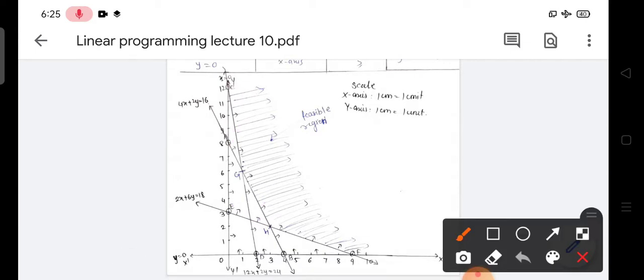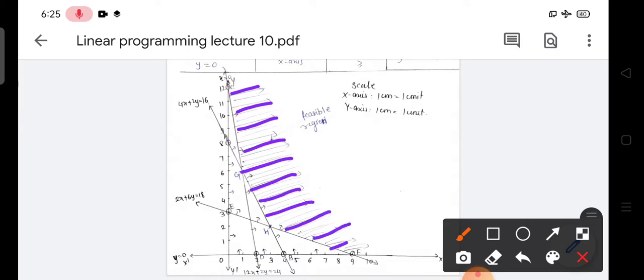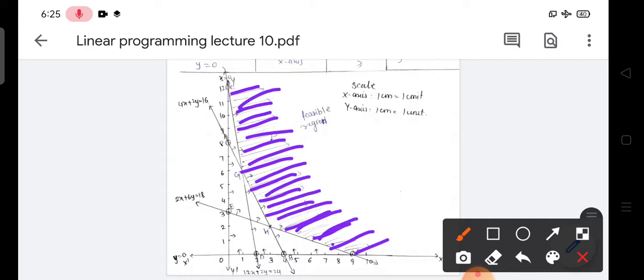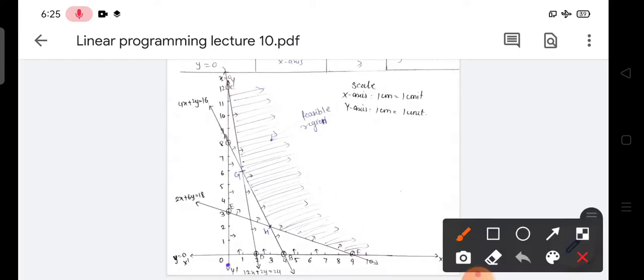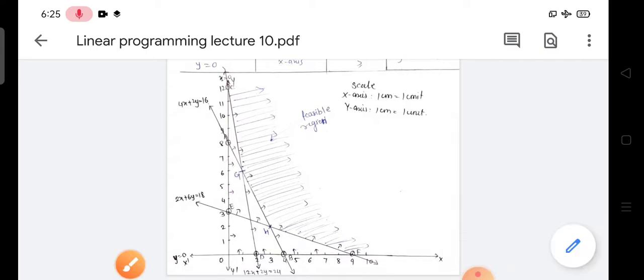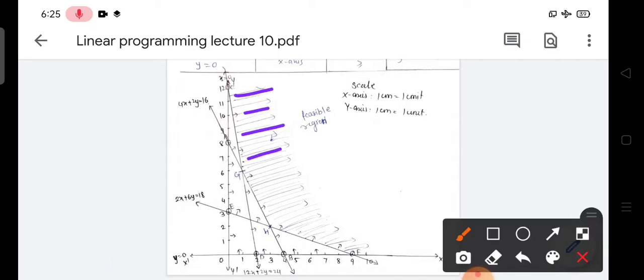So if we observe, all the lines are on the non-origin side, the solution belongs to the outside, which is shown by the shaded region. And the x-axis and y-axis are also greater than, so here also we mention arrows. So the feasible region is this one.